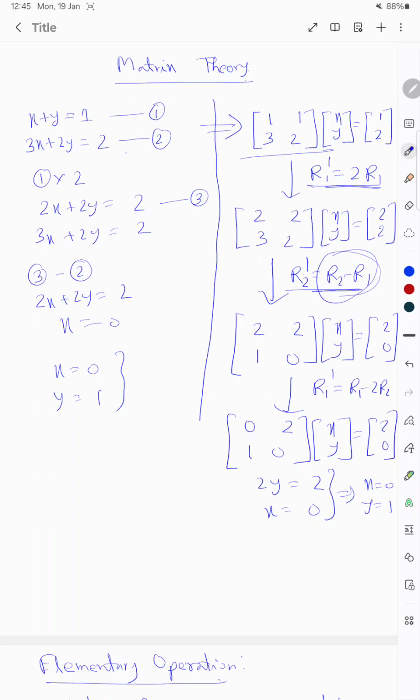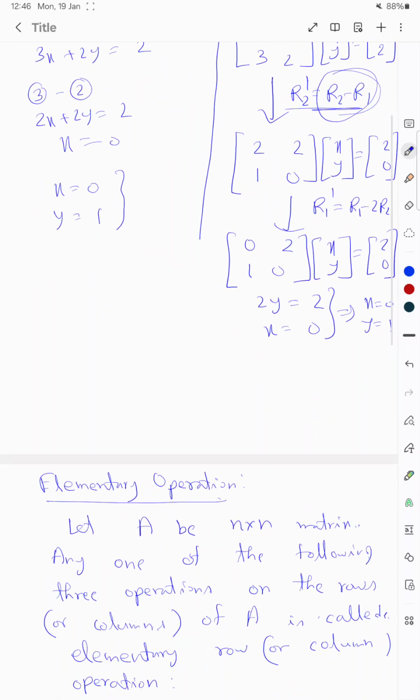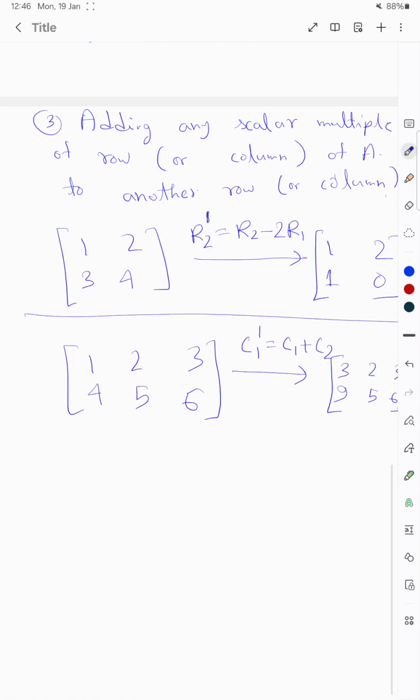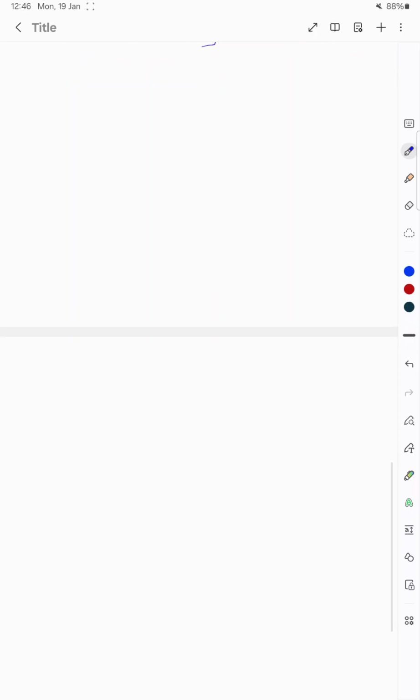Okay, so you have to obtain the diagonal or similar type of matrix using your row and column operations. Okay, so these are the types.